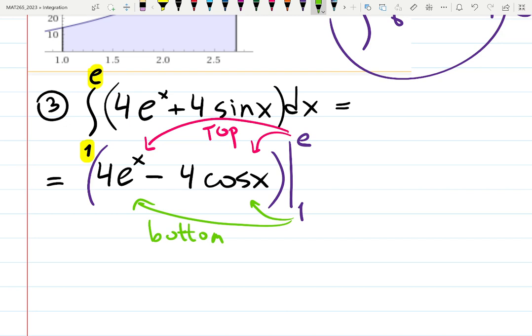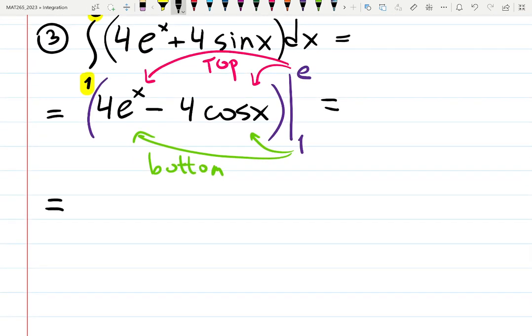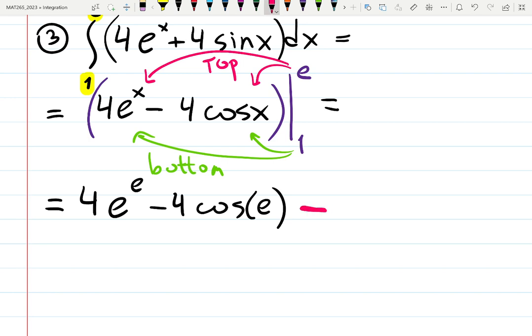So 1, e goes first, equal sign. I'm plugging e everywhere I see x: e to the e, that's a number. Don't be scared. It's 2.7 something raised to 2.7 something. Minus 4 cosine of e, that's also a number, cosine of 2.7 something. Now I do minus, because it's part of the formula.